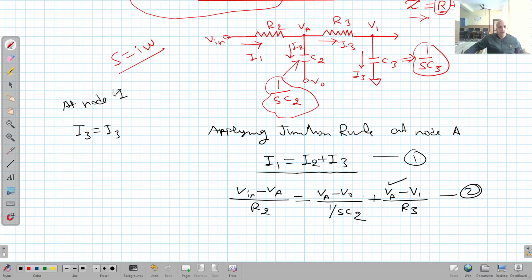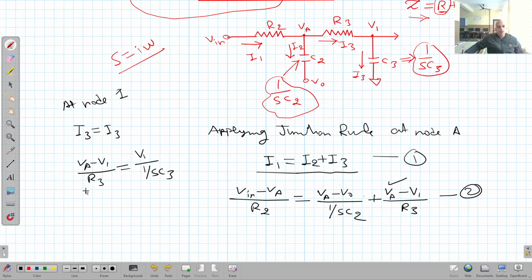Clear? So I3 is equal to I3 means BA minus B1 upon R3 is equal to B1 upon 1 upon SC3. You can see B1 minus here it is 0 basically, so it is 0. So obviously it is B1, right?